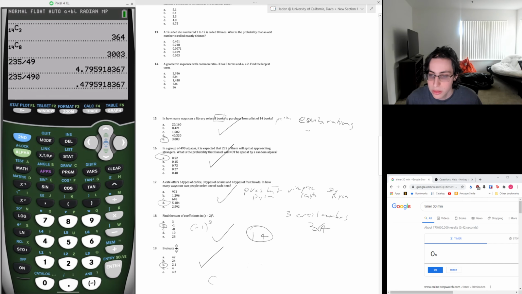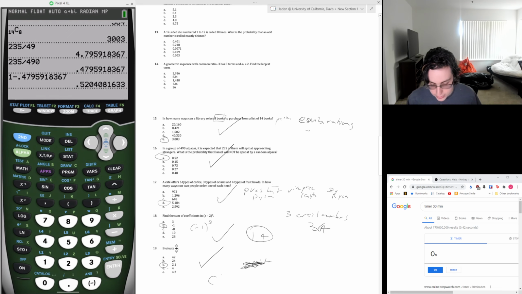Because if there's a 30% chance that you're going to get vaccinated tomorrow, the chance that you don't get vaccinated tomorrow is 70%, if that makes sense. Now, 1 minus that, the probability that he's not spat at is 52.04%. So 0.52.